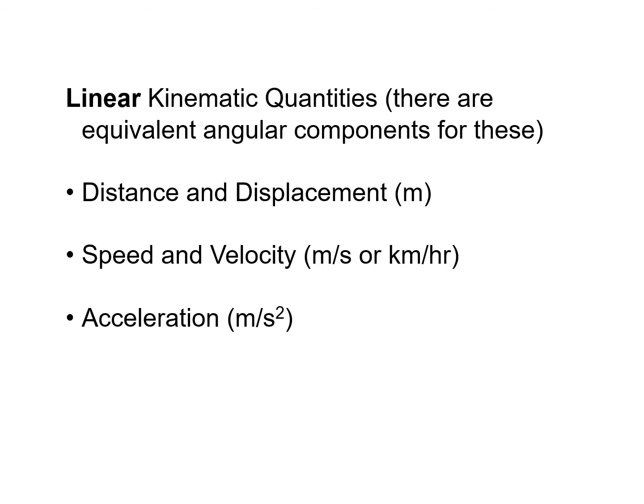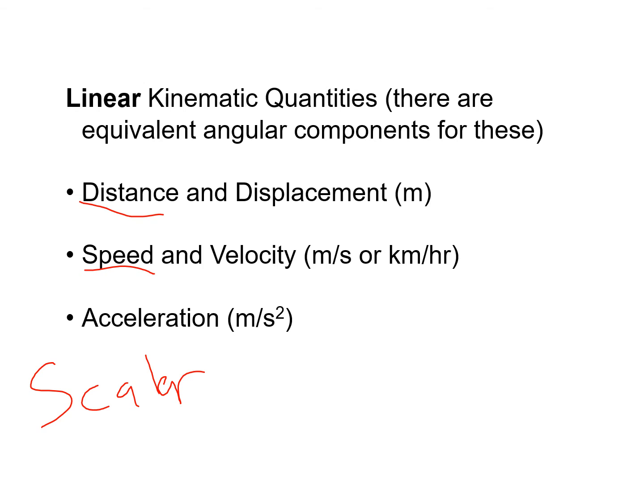When we look at these 5 kinematic quantities, whether they're linear or angular, they are shared between linear and angular kinematics. Once again, we're just changing the unit. Distance and speed are what are considered scalar quantities, or scalar units, whatever you want to call them.